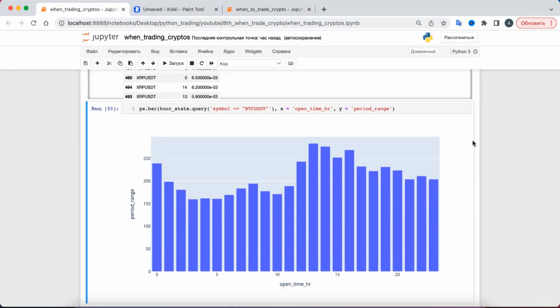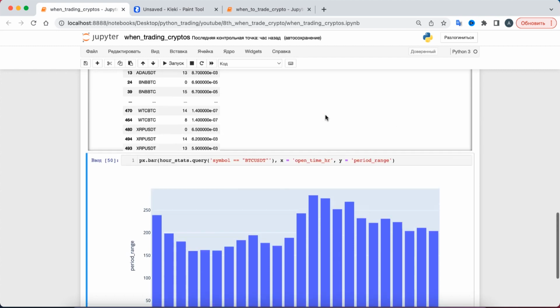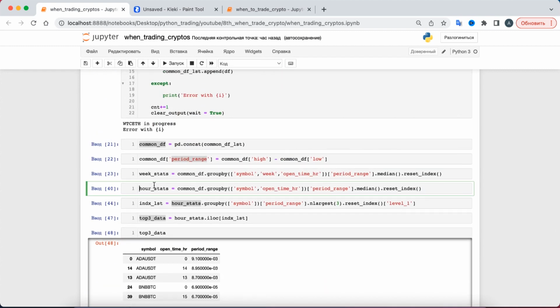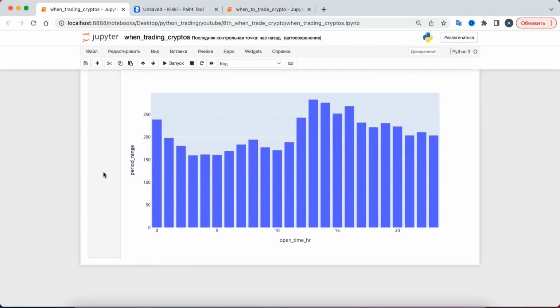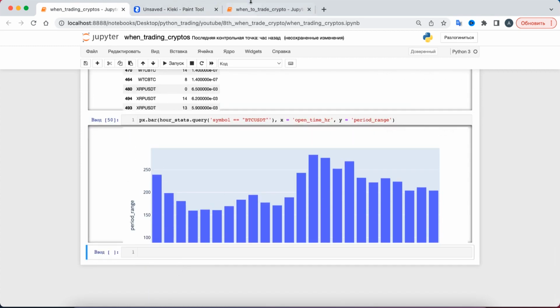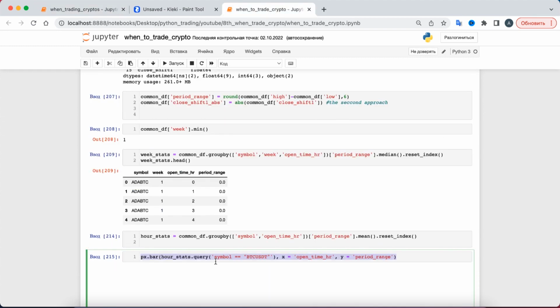As a result, I just want to show you how our volatility has changed through this year. And for this, I need to come back to week stats and visualize and prepare some charts here.